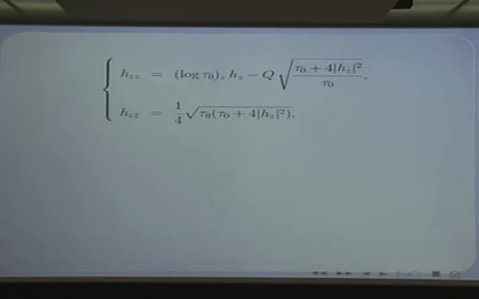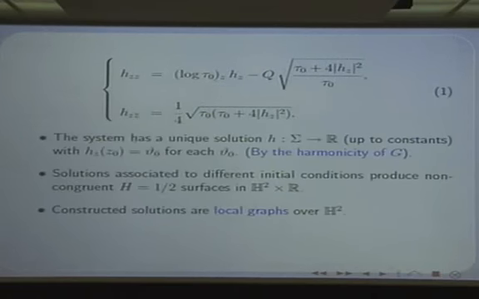So the problem is whether this system has solutions and whether you can find such solutions. I will say afterwards how to solve this system, which is the system for the height function. But it turns out that if you prescribe the initial condition, this system always has a unique solution, and this is a consequence of the harmonicity of the Gauss map.